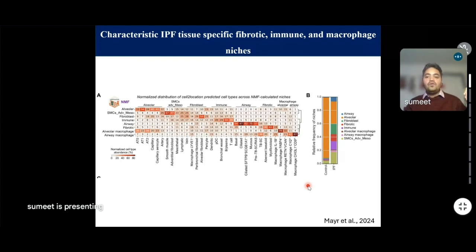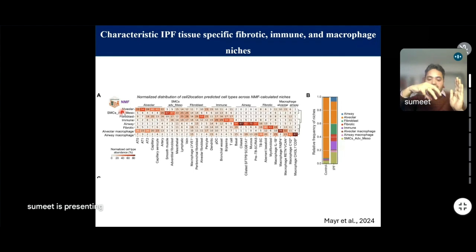Now, if we go into a little bit more detail and do more advanced computational analysis, we can look at the areas within the tissue which are different or common. I will walk you through this heat map. On the y-axis are different niches. Niche means the whole tissue is not homogeneous: some places of the tissue have more alveolar cells, or more immune cells, or more airway cells, or more fibroblast cells.